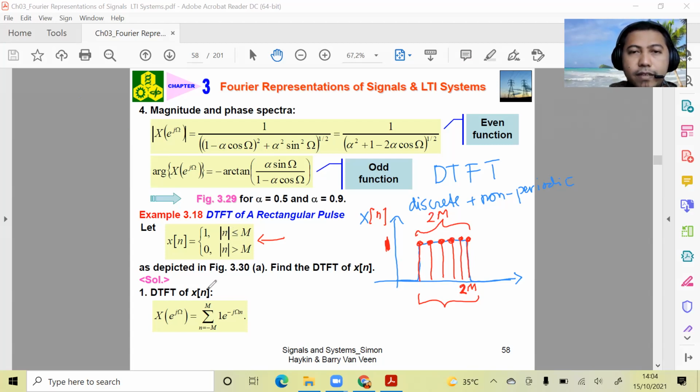Absolute means that if we draw correctly, the y-axis is located here, at 0. This is minus n, and this is n positive. So if only half, this is m, so the total is double m.